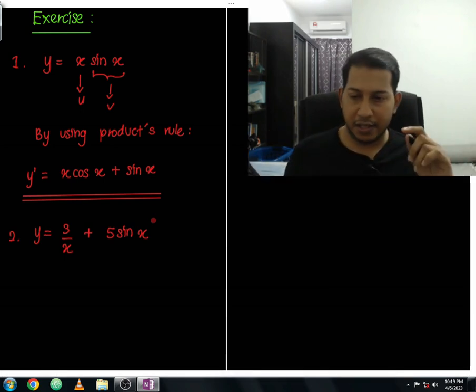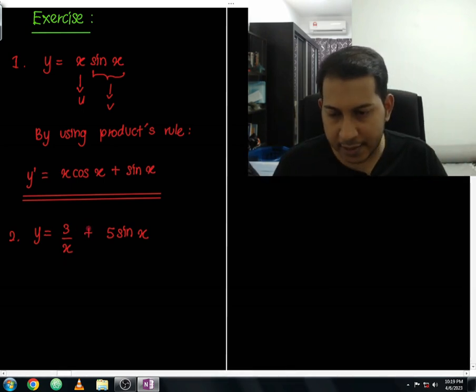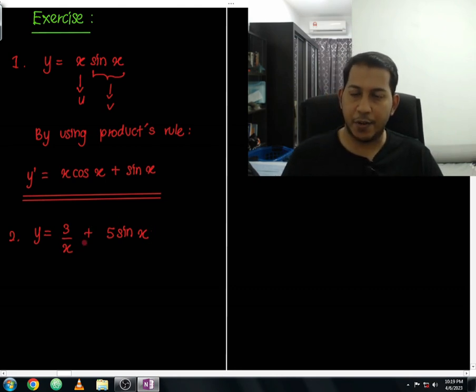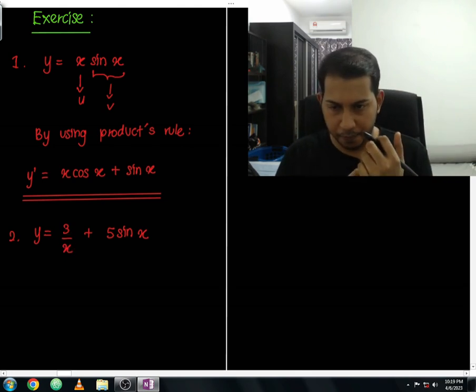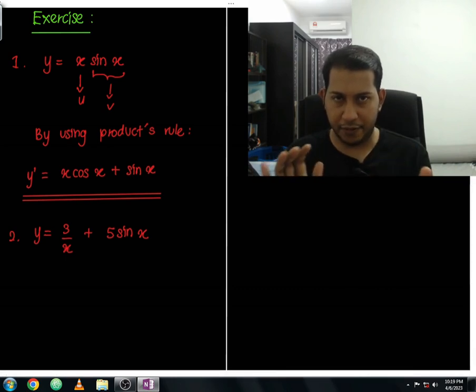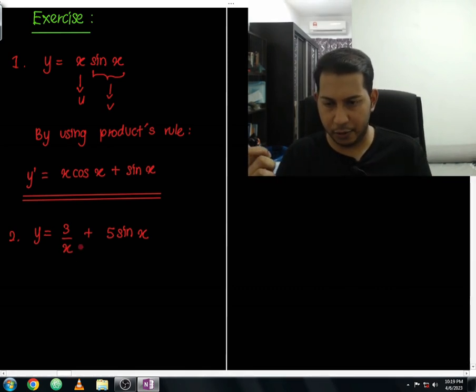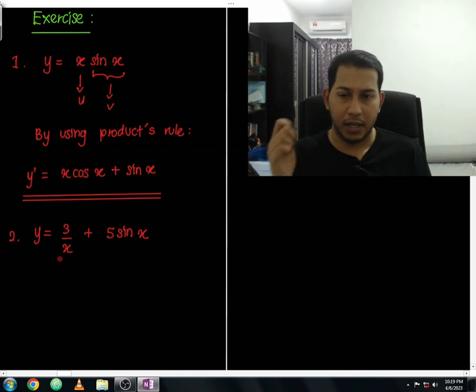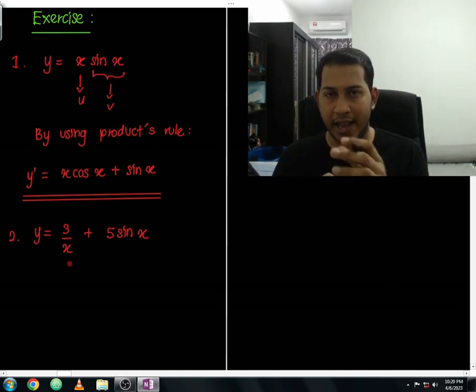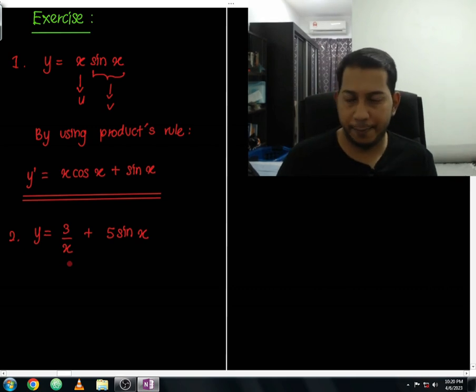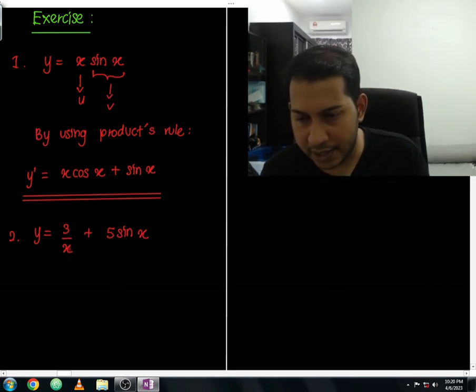Here you have 3 over x plus 5 sine x, and you have x in the denominator. So before you perform the differentiation, it is important to bring the index to the top. The denominator you bring to the top, so it will be 3x to the power of negative 1.